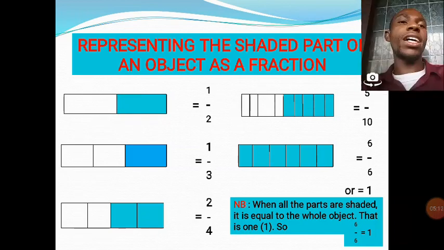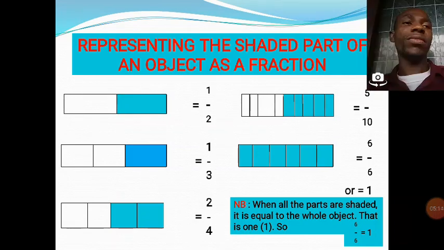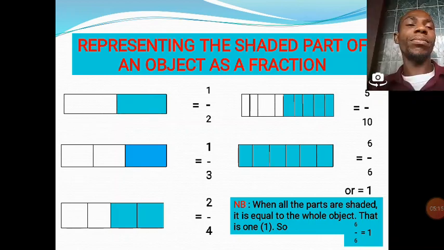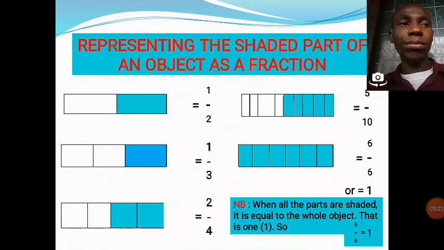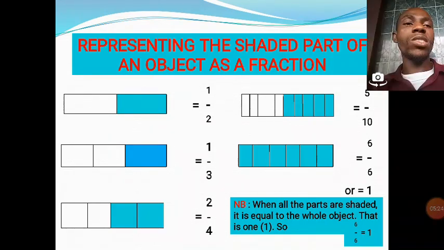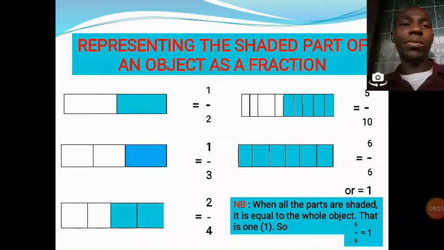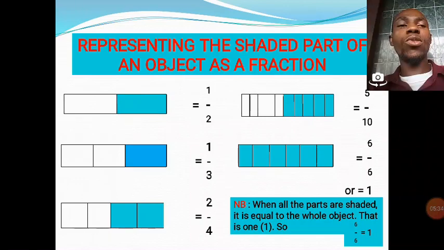Representing the shaded part of an object as a fraction. Let's look at these examples. The first one, we have the object divided into two equal parts and one is shaded, and so we write that fraction and read it as 1 out of 2.